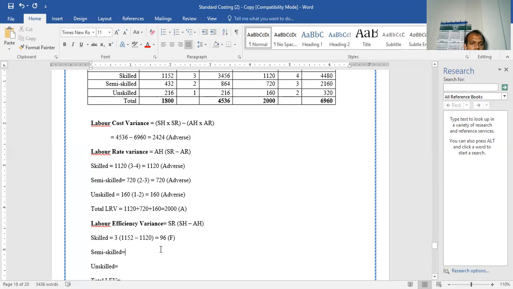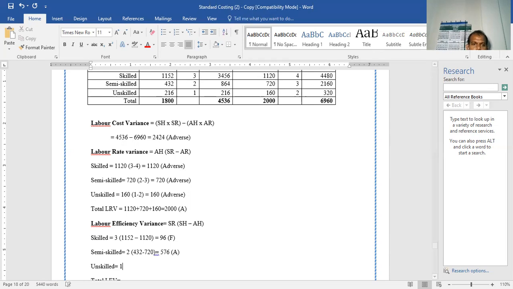Okay. Semi-skilled, standard rate is 2. Standard hours 432 minus actual hours 720. So here a minus value will come, which means adverse variance, 576 adverse.